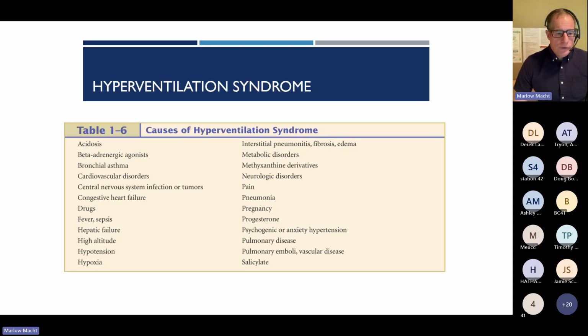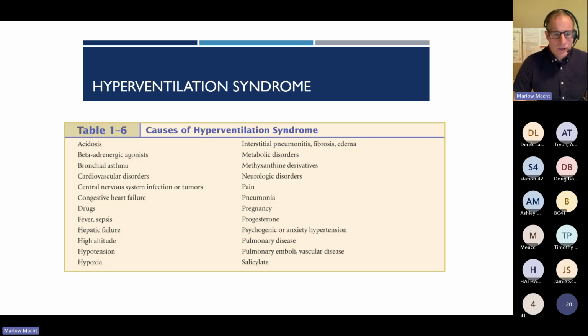I think the other key things about this: occasionally we'll see it at high altitude. You can see it with metabolic disorders, and methylxanthine derivatives, like coffee, energy drinks, things like that.